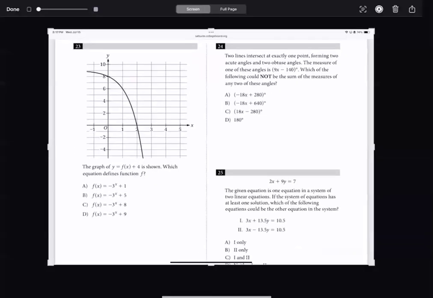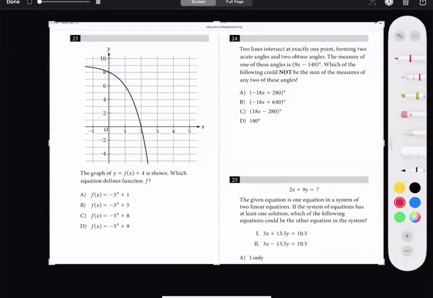Okay. Let's do this step by step. So it says the graph of y is equal f of x plus 4 is shown. Which equation defines the function f? So when x is 0, y is 8.